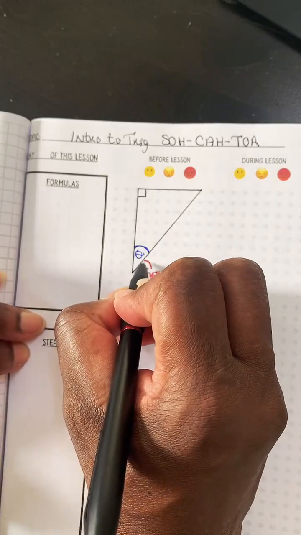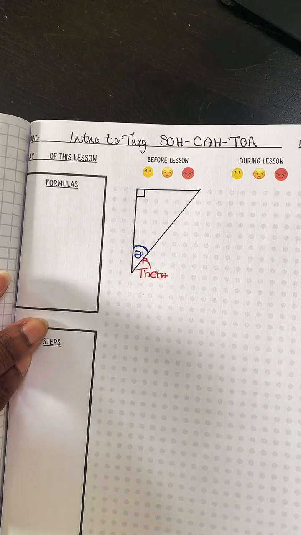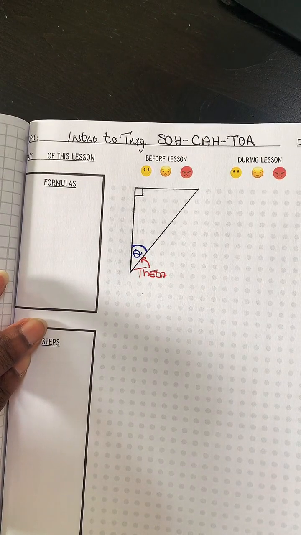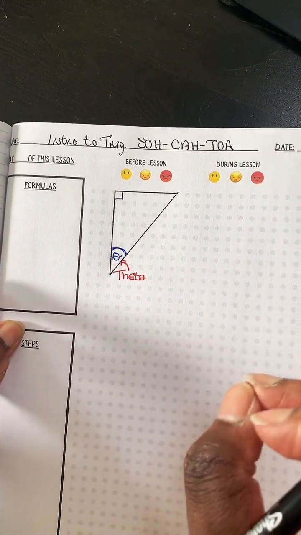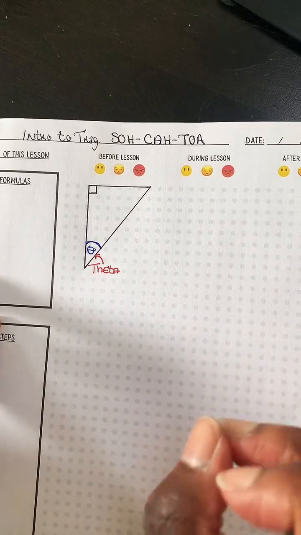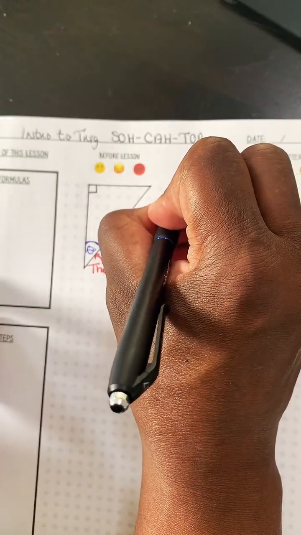So theta is representing my angle until I actually have an angle measure. Now, the way that you basically address, there is 3, but altogether there's 6. But there's 3 that we're going to focus on tonight. That's it, okay? The first one is called the sine function.